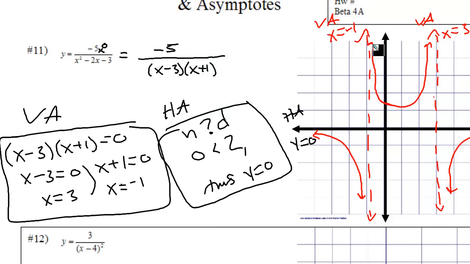So maybe something like this. The y-intercept is about 1.7. That's it for that problem. Had to use your calculator because this does not resemble a parent graph. If it doesn't resemble a parent, use your calculator.